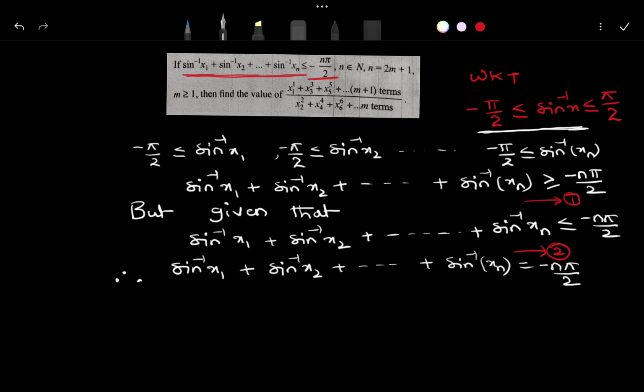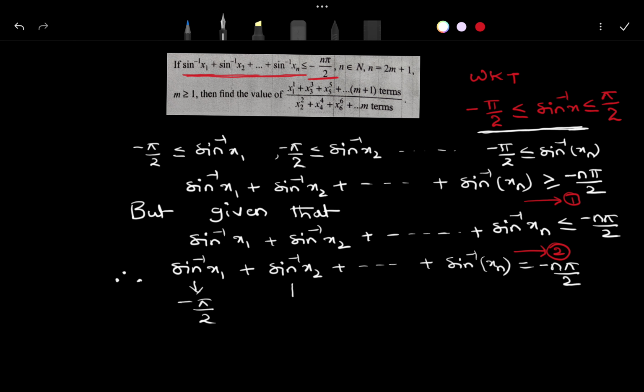So what is the meaning of this expression? By observing, how many terms are there in total? n terms are there. So right side is minus n into pi by 2. So each term should be equal to minus pi by 2.